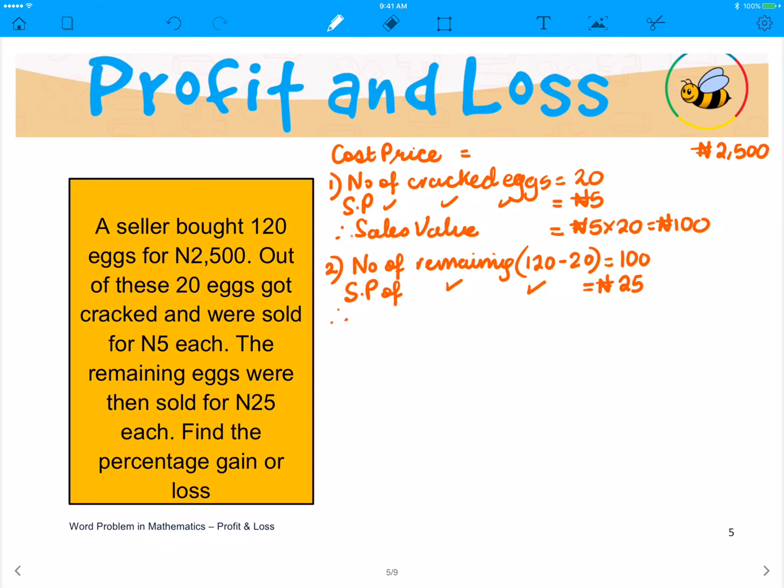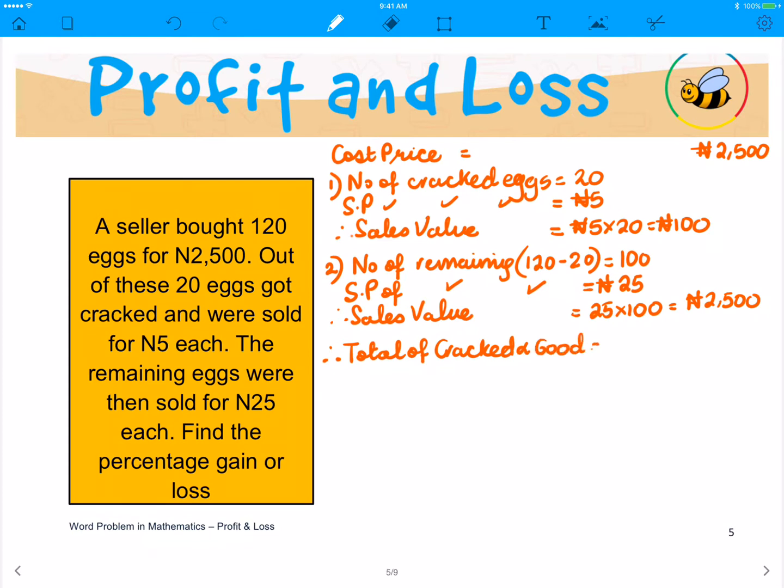It means therefore that the sales value from the remaining eggs is a total of 25 times 100, which is equal to 2,500 naira. It means therefore that the absolute total of cracked and good eggs is equal to 2,500 plus 100, and that gives us a total of 2,600 naira.